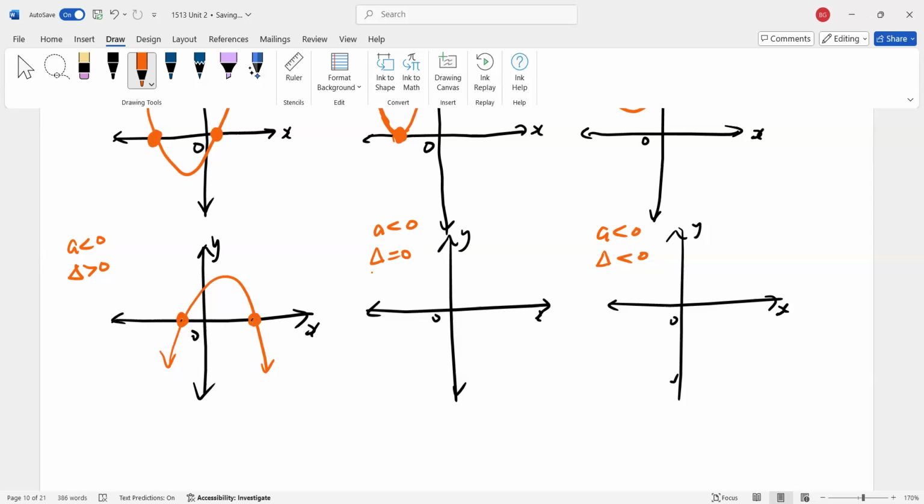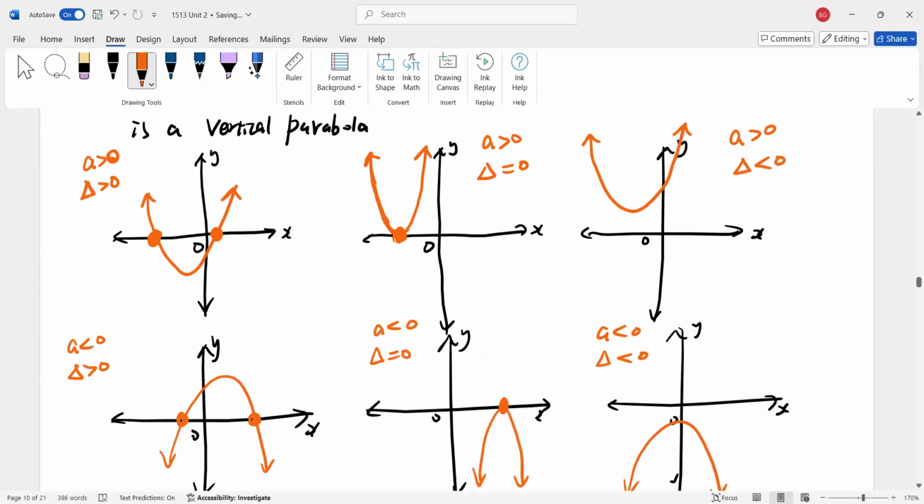When A is less than 0 and delta equals 0, it looks like that. It has two identical real solutions. If A is less than 0 and delta is also less than 0, it looks like this. There are no real solutions.